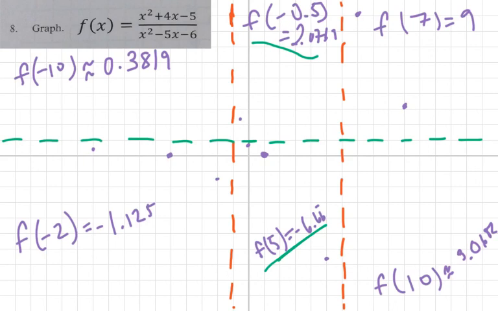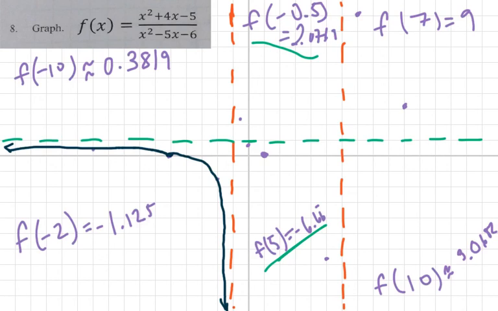So I've gotten all these different points, and it gives me kind of a sense of what's going on with this function. So starting from the x-intercept at -5, I'm going to connect that to this point that I found over here and show that it's going to get really close to that asymptote. It's going to stretch over to this point and get really, really close to that asymptote. Okay.